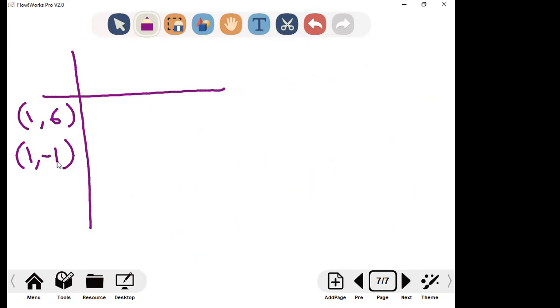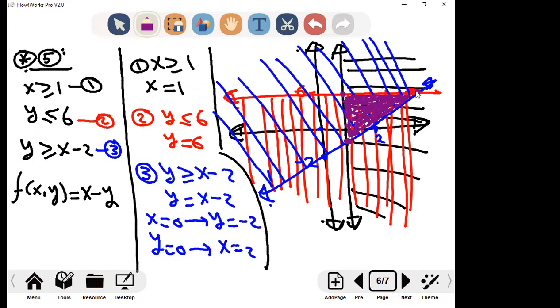Go back to the graph. Here y is how much? 6. I need to find x. So I will go to the inequality, the blue one. Y is 6, right? Replace y by 6. Put the negative 2 here. 6 plus 2, 8.